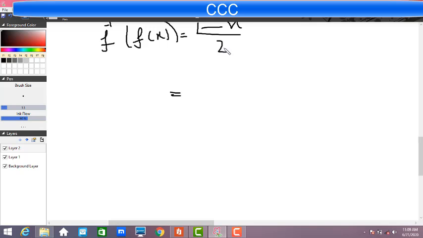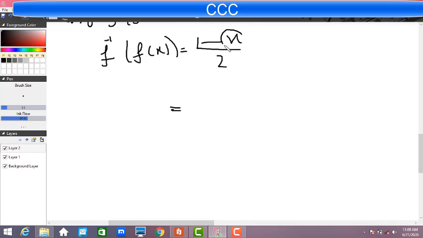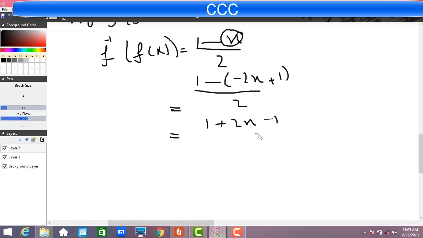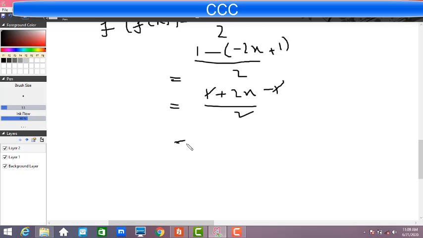So in place of x, you just replace the value of f of x, that is equal to minus 2x plus 1, divided by 2. Now after simplification we get 1 plus 2x minus 1 over 2. Now the remaining 2 will be cancelled with 2, so the result is x.